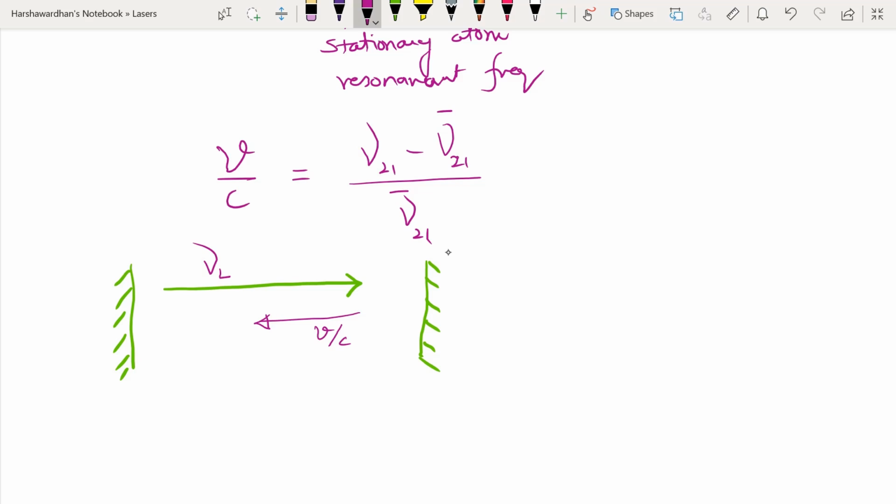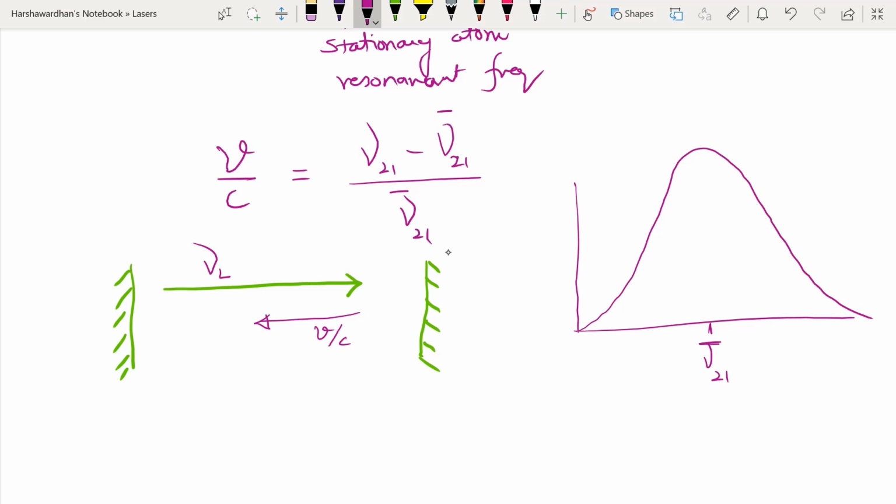Imagine that in this situation, this particular collection of atoms is on resonance. If I'm looking at the spectral domain, this is my nu 21 bar, which is where the largest number of atoms are situated.